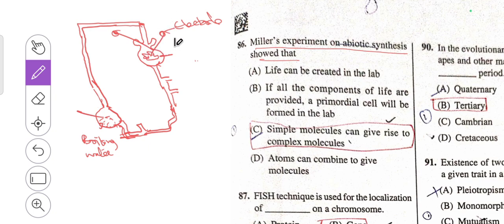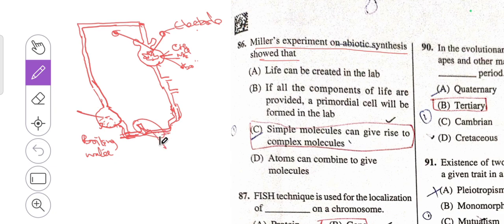He added some gases like CH4, NH3, water, and some other gas, and started boiling the water. Due to the electrode it got a spark. Through this spark the molecules got converted, and these molecules started settling over this pipe.